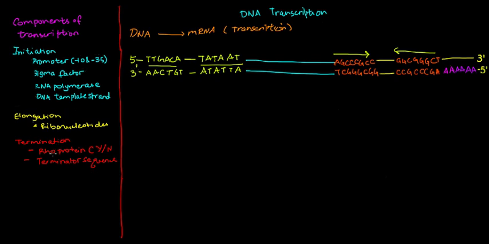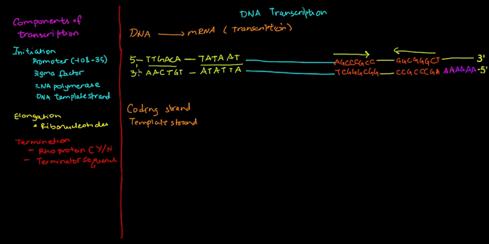Before I start with initiation, a couple of notes. A lot of people get confused between the terms coding strand and template strand, so let's get that straight first. We have two strands on the screen, 5' to 3' and 3' to 5', and one of them is a coding strand, one of them is a template strand. It's very simple.